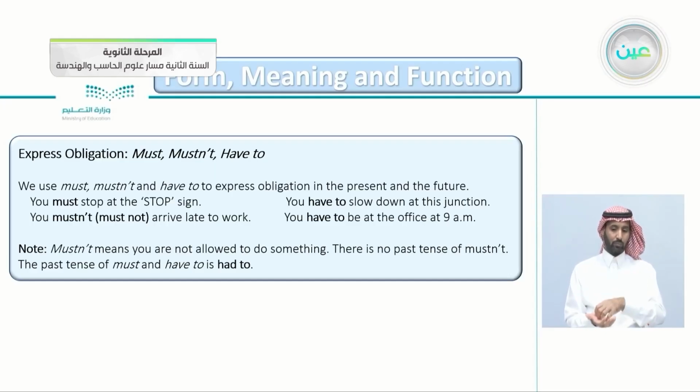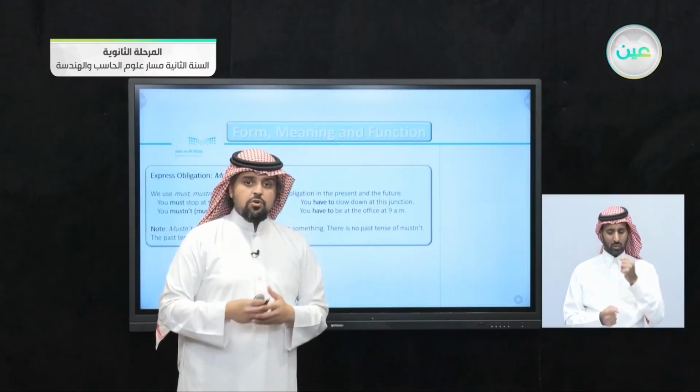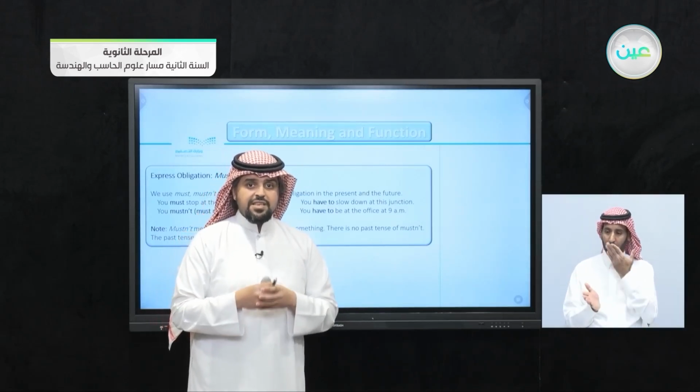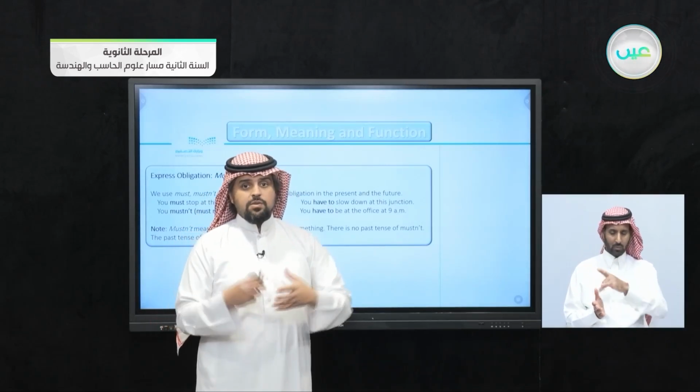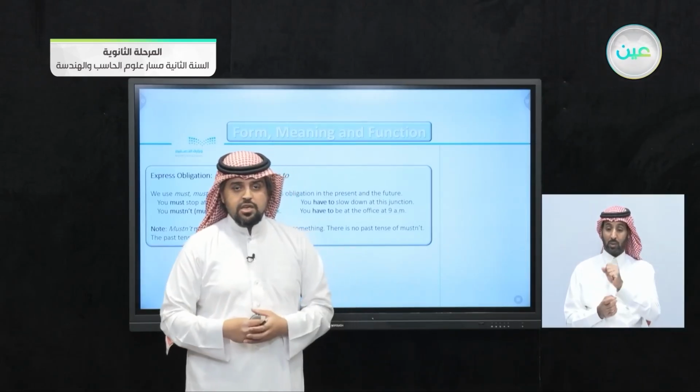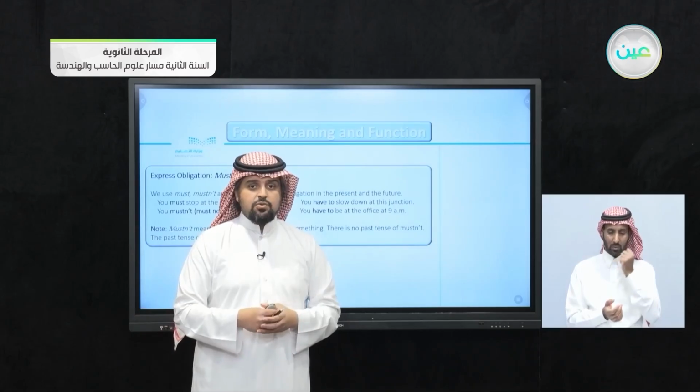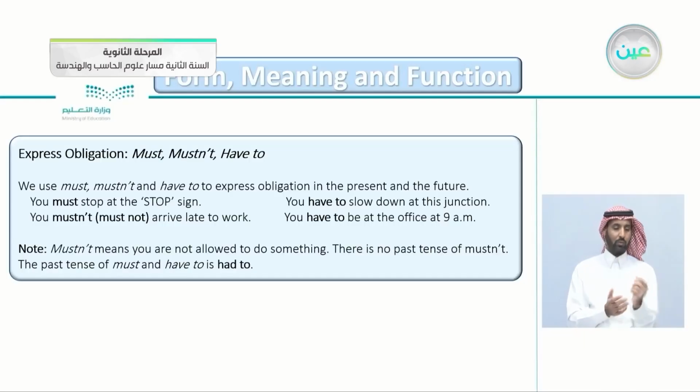You have to be at the office at 9 a.m. So have to and must are almost the same. It means something that you should do, and mustn't is the exact opposite. It's something that you shouldn't do. You mustn't speak in class, especially when the teacher is talking. You must pay attention. You must wake up early to go to school, and so on.